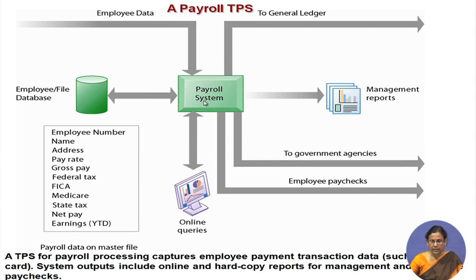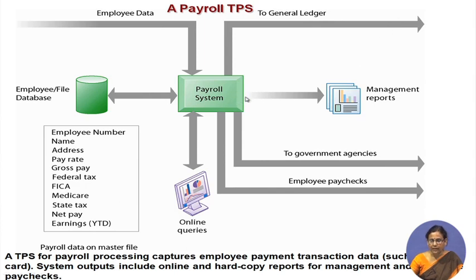Once the payroll processing is done, the data is sent to the general ledger for further processing. And this general ledger is not a human being or any kind of end user, it is just another software which takes the input from this payroll system.